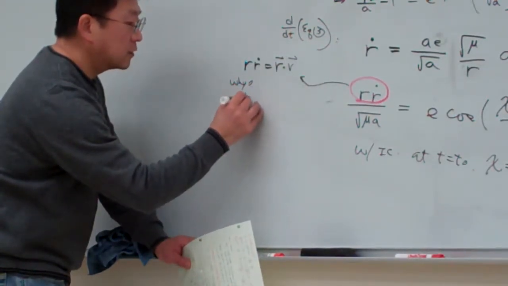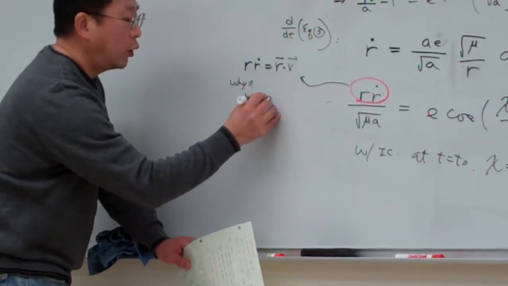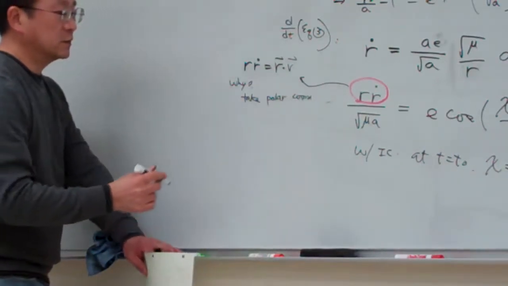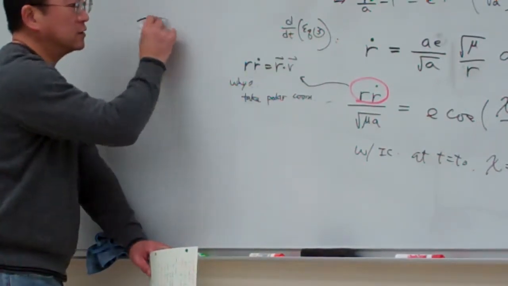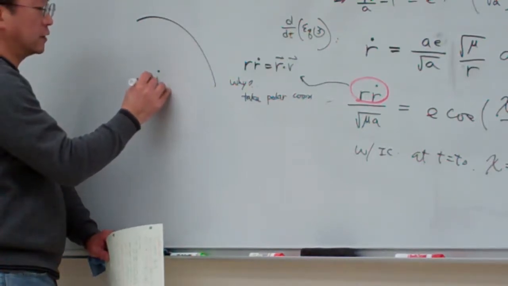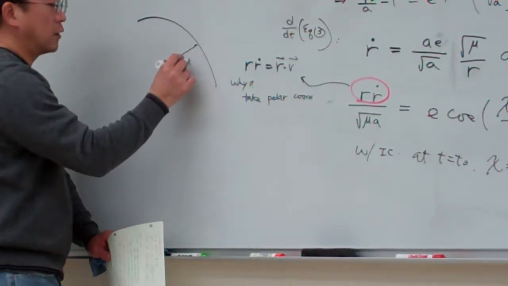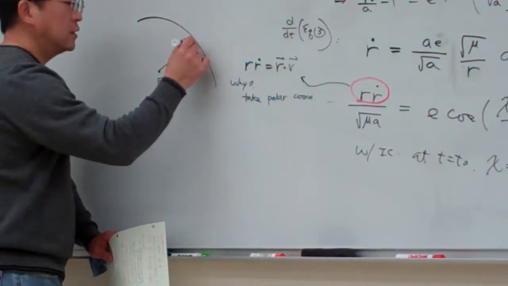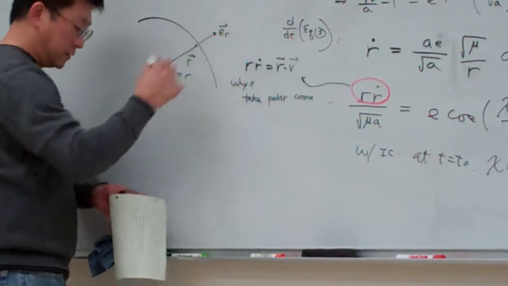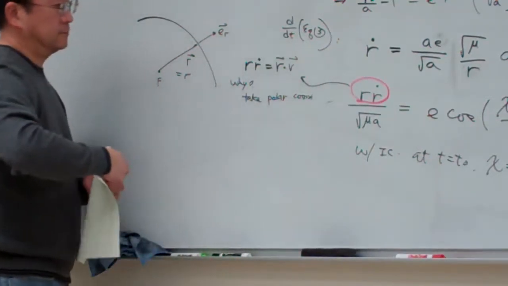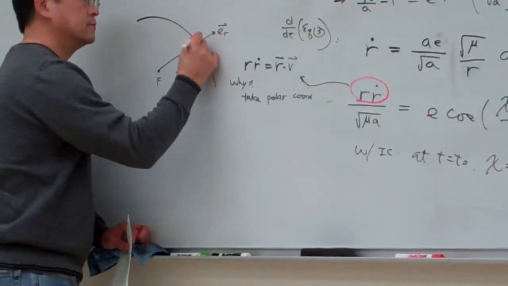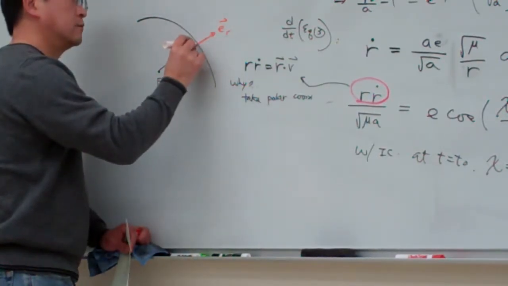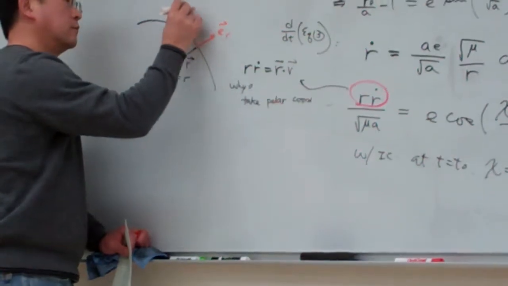If we take the polar coordinate system, say this is an orbit and this is the focus, so this is our R. R we can express as R times ER.